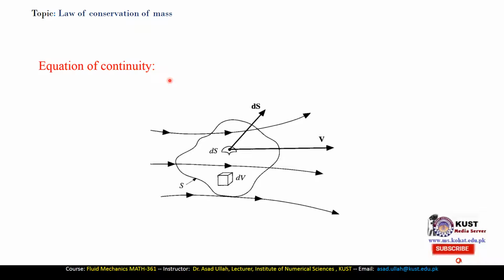Number 1, the finite control volume fixed in space with the fluid moving through it. This is case number 1, in which we consider a finite control volume inside the fluid flow and discuss the fluid behavior at that fixed point. Number 2, the finite control volume moving with the fluid such that the same fluid particles are always in the same control volume.